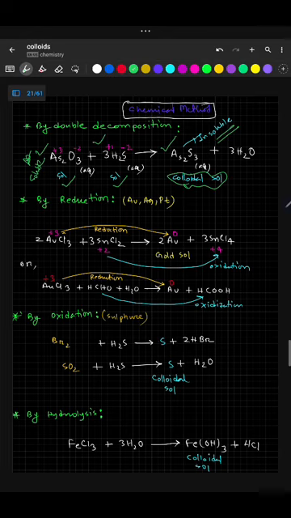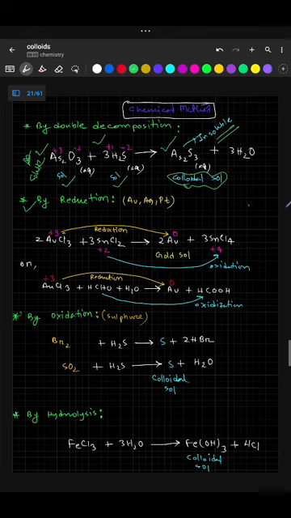And the second chemical method is reduction. It is very important. It is mostly done for metals like gold, platinum, silver. The basic idea for this reaction is that metal ions are reduced to metal atoms, which then aggregate into colloidal particles.